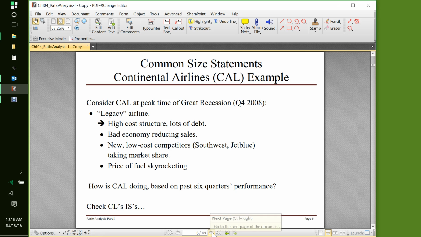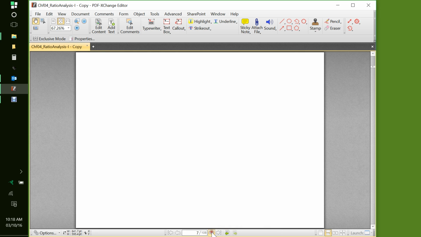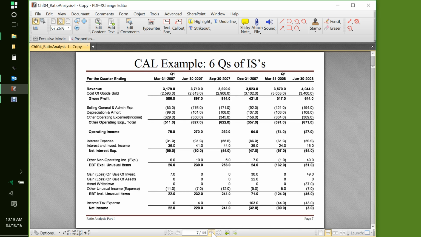So using our common size statements, we might want to ask, for example, how is Continental doing, if we go back in time to Q4 2008, based on its past 6 quarters of performance. And what I've got on the next page here are, going back in time from Q4 2008, the most recently filed 6 quarterly income statements.